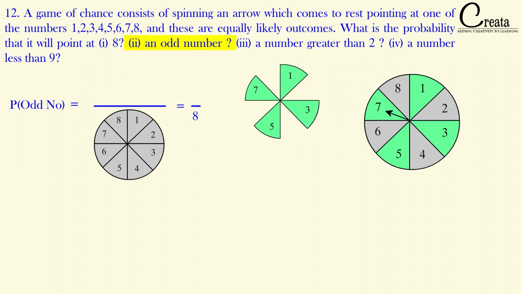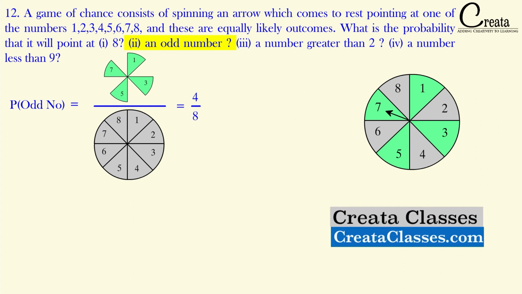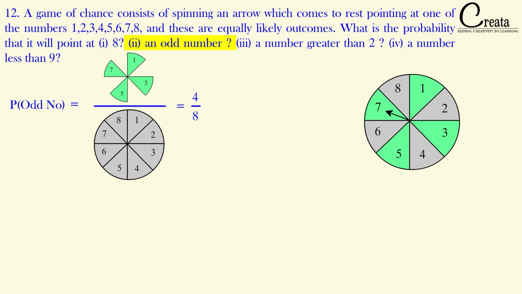So in the numerator, the favorable conditions are total 4, that is 4 odd number segments, which are 1, 3, 5 and 7. So in the numerator, the 4 will come. And in the denominator, the total possible outcome, we are having 8 segments, so in the denominator 8 will come. We got 4 by 8 as the probability, which is 1 by 2.